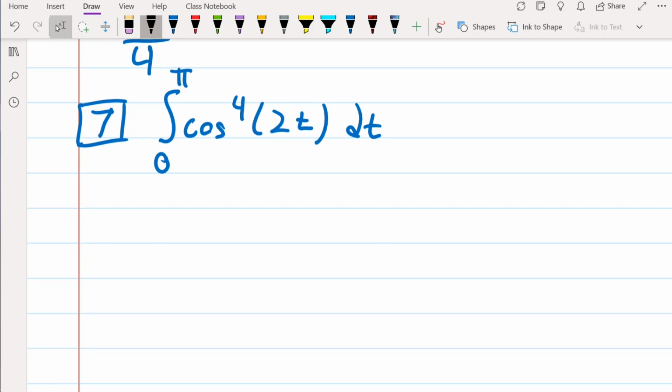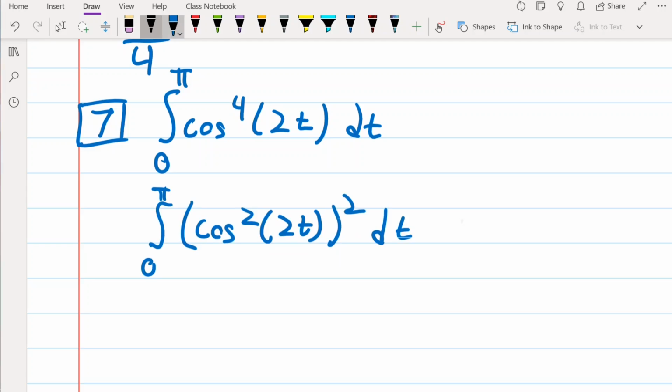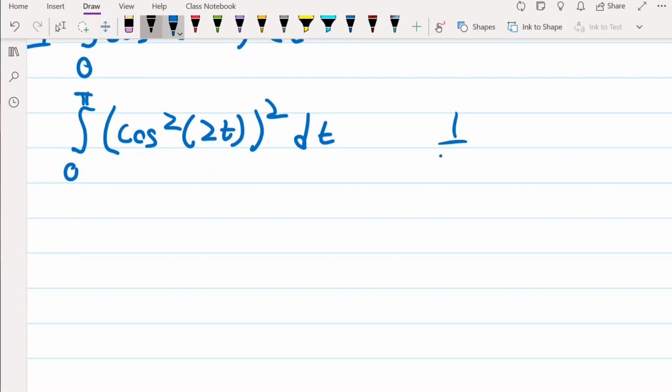So we can rewrite this from 0 to pi as cosine squared of 2t, all of this squared dt. Or we could just separate it out, but we're just going to substitute in 1/2 times 1 plus cosine of 2 theta for cosine squared theta.